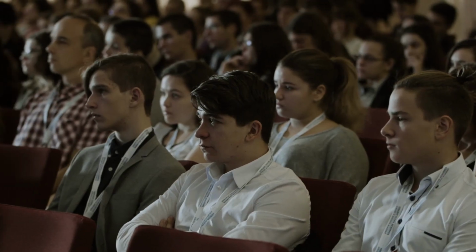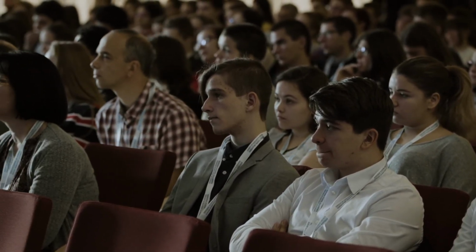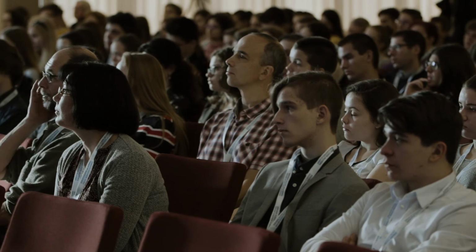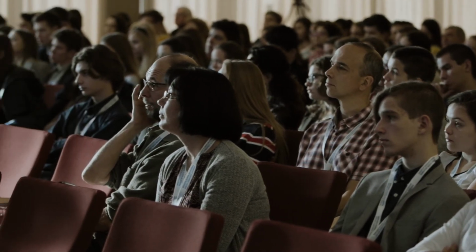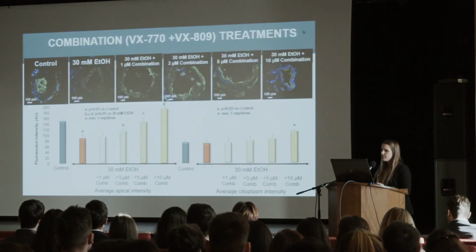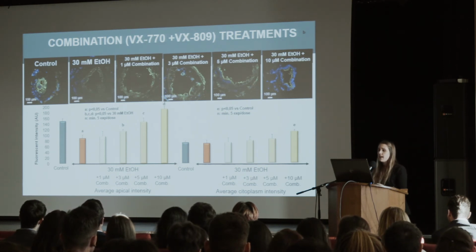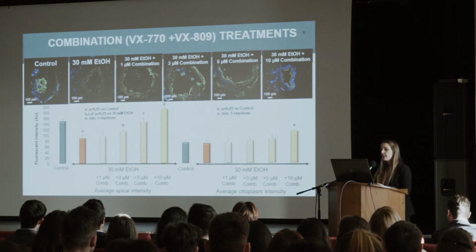You can see that in the purple sheet. And the combinatory treatment was very efficient, while the 2 compounds did not potentiate each other's effect. After that, we also tested the combinatory treatment in different concentrations, and we found out that also the 5 and 10 micromoles were the efficient ones.